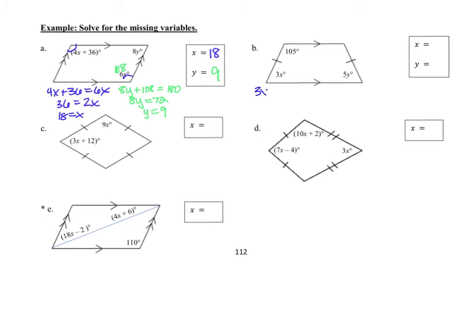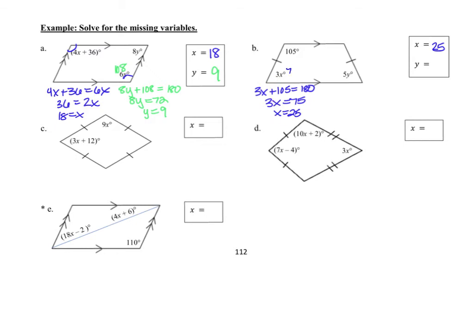So let's add 3x and 105 and set that equal to 180. Subtract the 105 from each side, you'll get 3x is equal to 75, with an answer of 25 for x. So now that I know that 3 times x is going to give me this angle, 3 times 25 is 75.